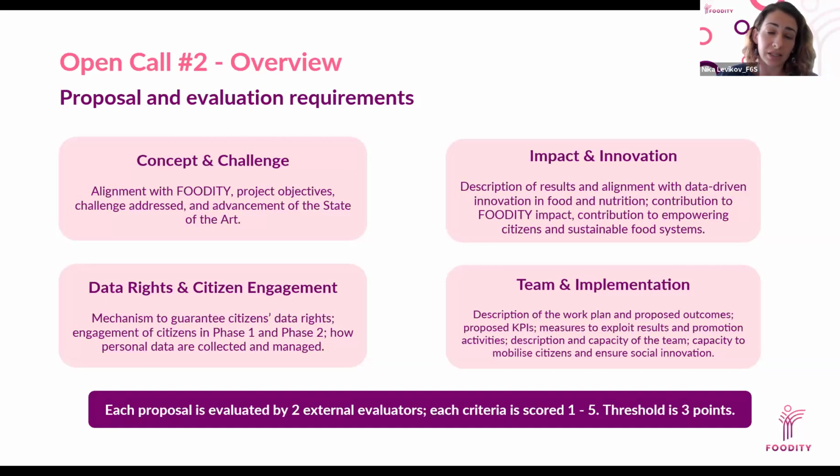Again, we do not expect final KPIs that will not change. We will work with you to refine your KPIs in more detail at the start of the program, but we want to see that you've really thought through how you plan to use the FOODITY pilot program to really scale.